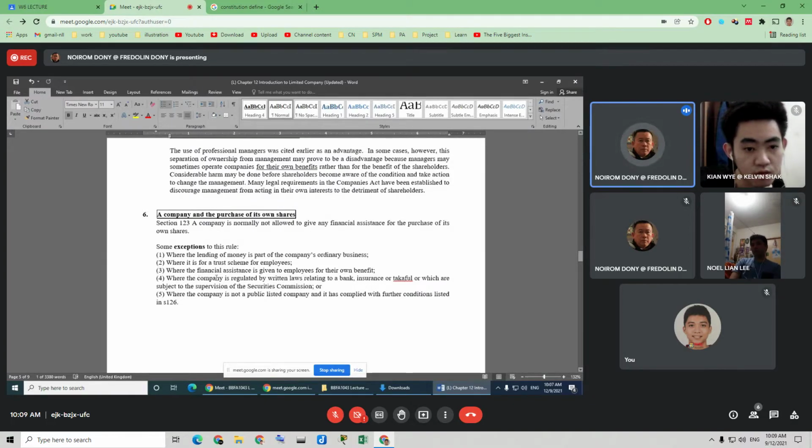So that is why they are under this Securities Commission, regulated by written law relating to bank, insurance, or takaful. And the last one, where the company is not a public listed company and it has complied with further condition listed in section 1 to 6. So this is your own knowledge only.